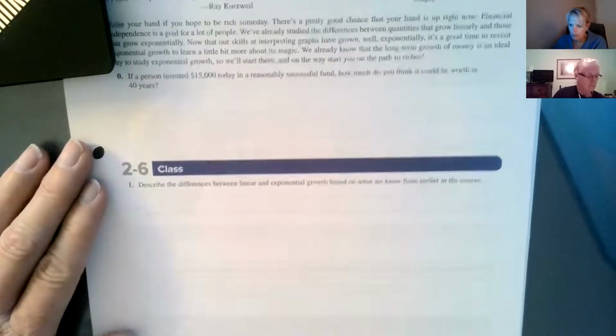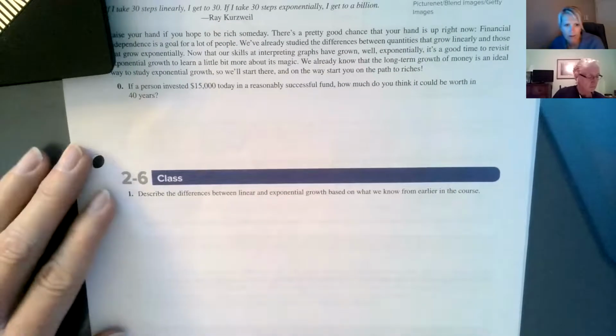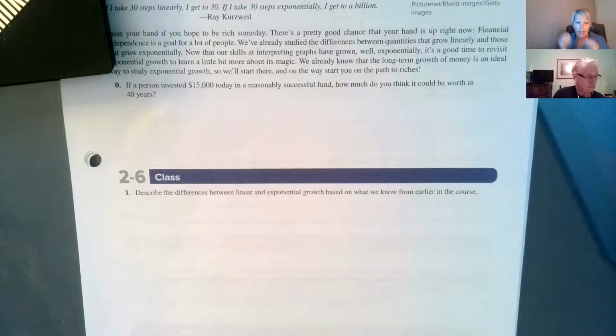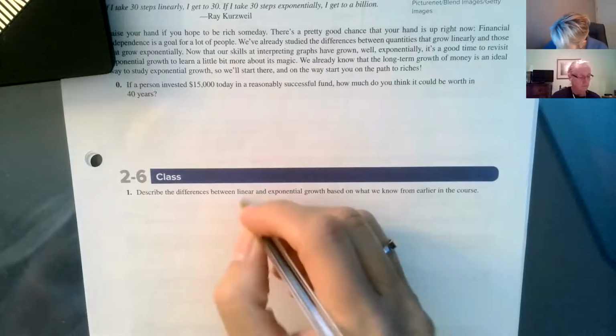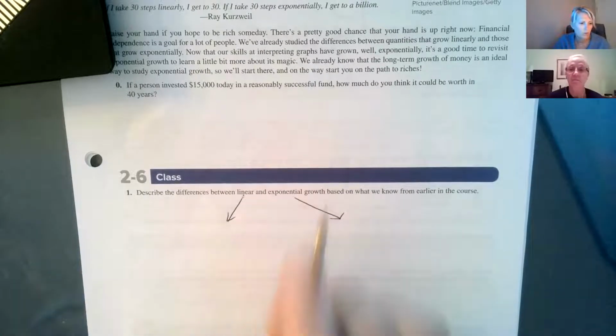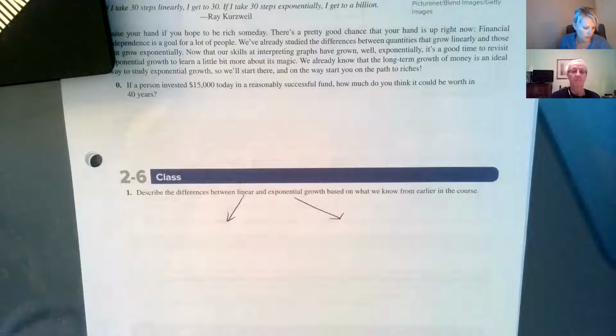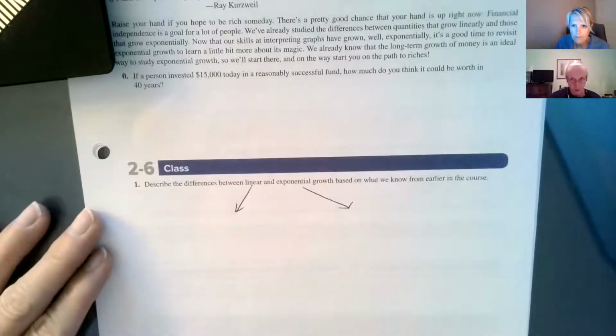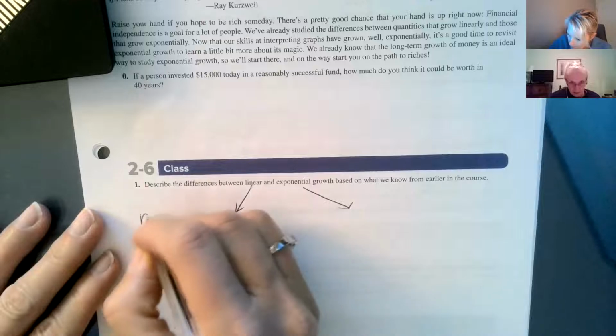So at the bottom here of page 207, it's asking us to write down what we know so far about linear and exponential growth. So what do we know so far about linear and exponential growth? Linear is addition, correct?